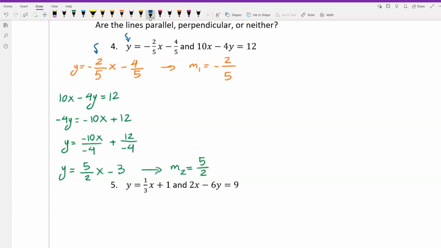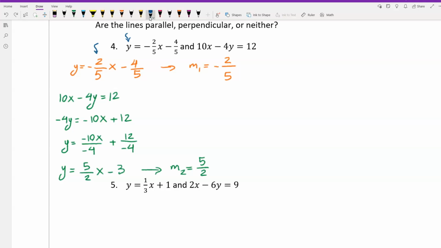To isolate y, we have to divide all of these three terms by negative 4. So y is equal to negative 10x divided by negative 4 plus 12 divided by negative 4. And here on the left, I divided negative 4y by negative 4, so I cancel negative 4. What's left on this part is y.